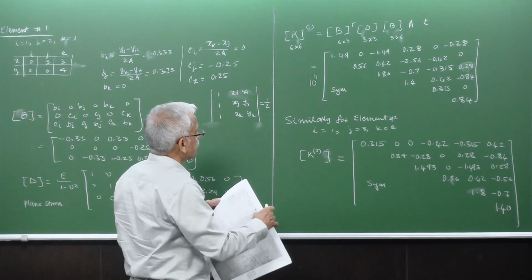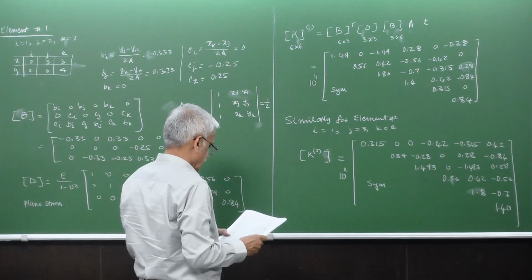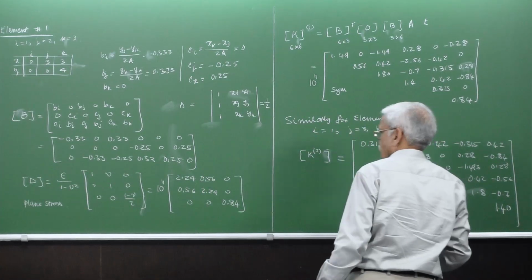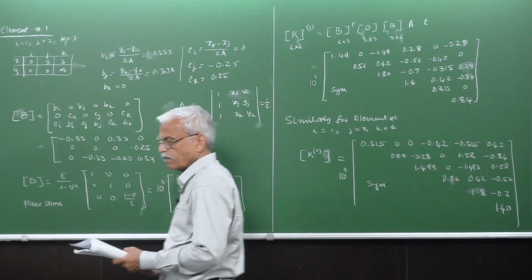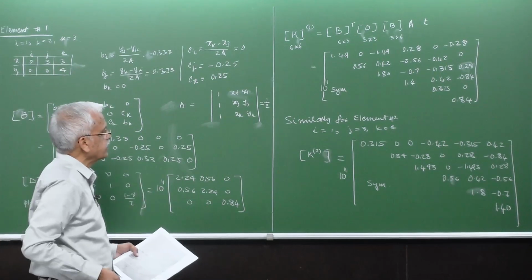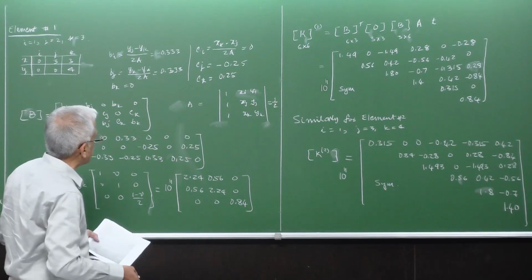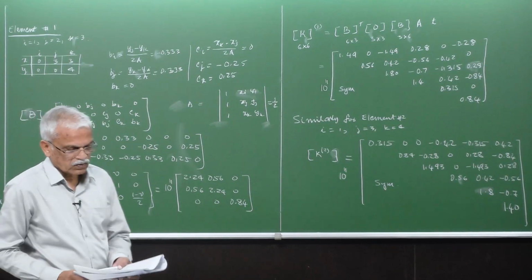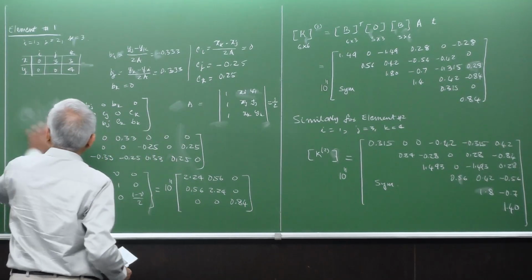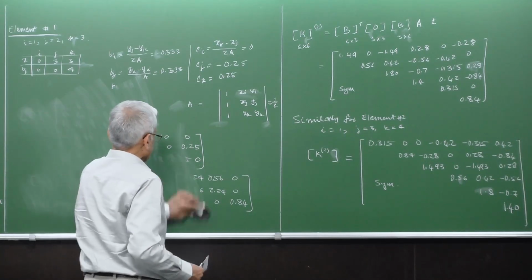Okay, so this is as far as the two stiffness matrices are concerned. And what else? So of course these have to be assembled. We'll just do that. But simultaneously, as you calculate the stiffness matrices of the two elements, you also have to find out the nodal load vector. So what is the nodal load vector here? That is because of the traction on the vertical face here.